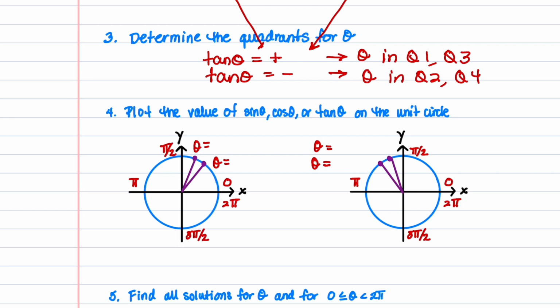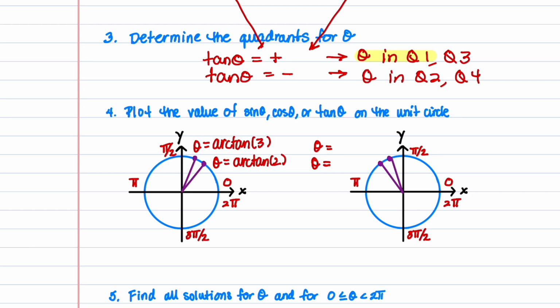Let's first look at when theta is in quadrant 1. Our theta is going to be arctan of 2. I've written it here because I know that arctan of 1 is pi over 4, so it has to be between pi over 4 and pi over 2. And then we have theta is equal to arctan of 3.